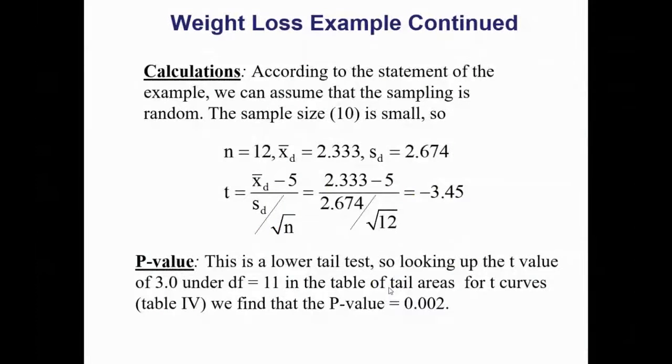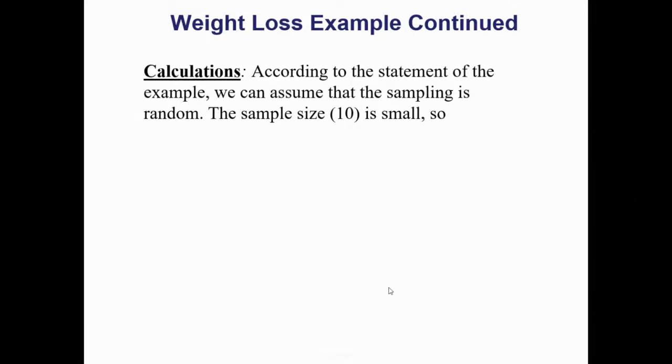Next, I don't want these calculations up here. Go away. So just a reminder of what our values were. For the mean, X bar D, we got 2.33.